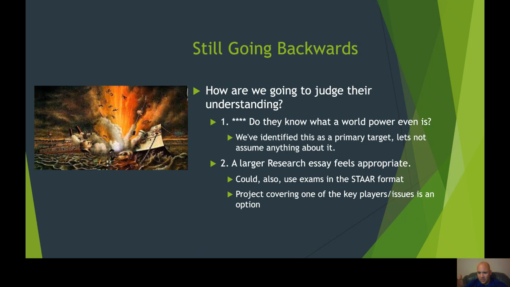You could add in missionaries, of course, depending on your lens and if you had time. But I would make the kids do some type of research project explaining what those events, what was the cause and effect that those events had on our rise to a world power. I would do that.